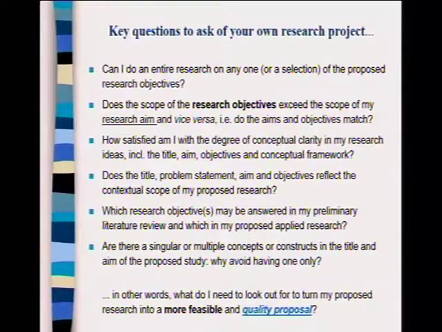Because before we do a research project, we first of all need to come up with a proposal, and shortly I'll take you through the process of coming up with a proposal, and then I'll give you some last remarks about how we are going to work together.